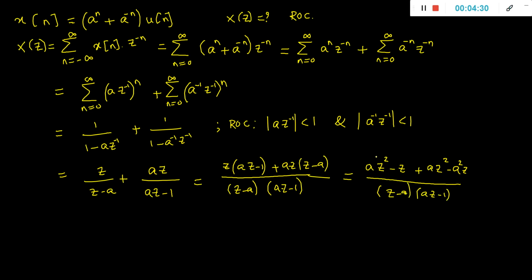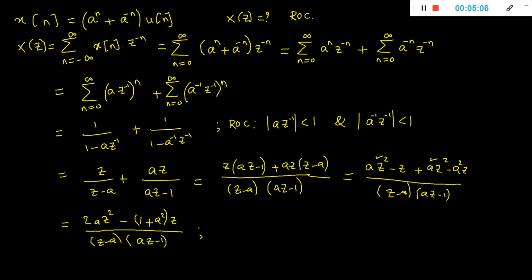If I take the terms like az square and az square, this is going to get me 2 times az square minus 1 plus a square into z. How do I write this? Because I look at the minus z term and the minus a square z term, I'm trying to take z common here, and hence I'll be getting this answer as z minus a and az minus 1.